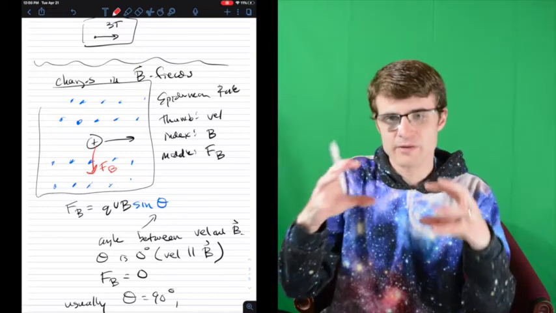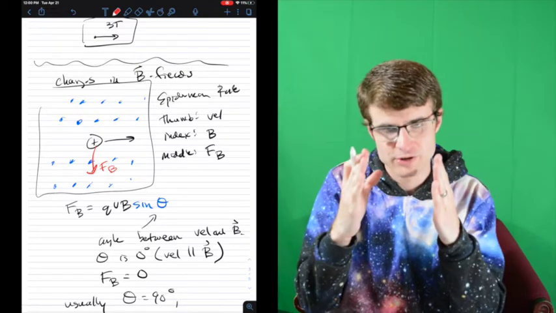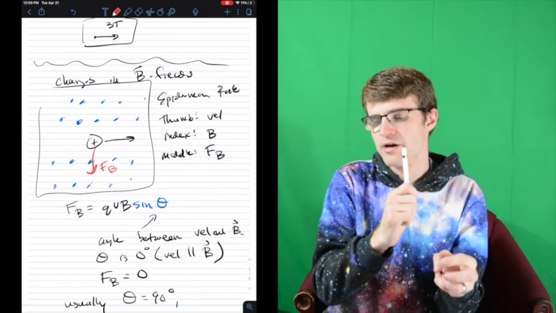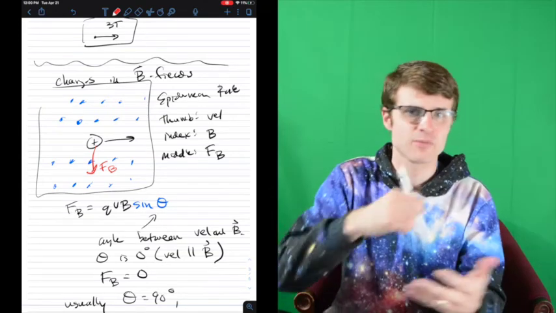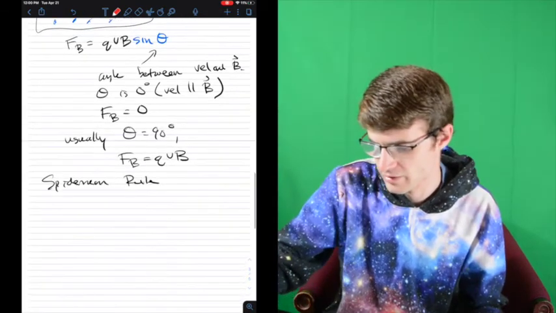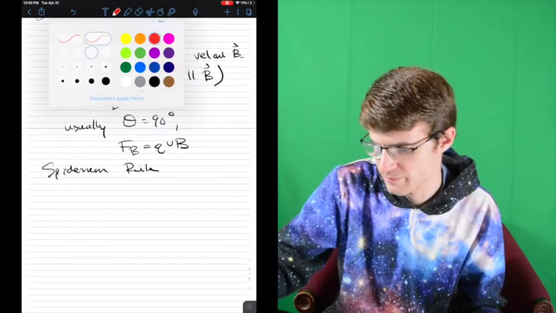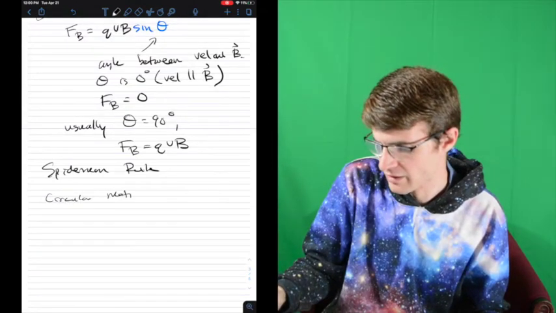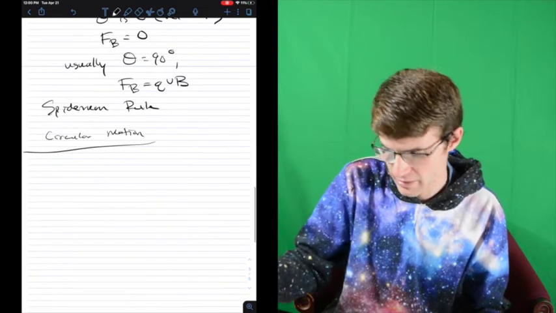Okay, so you'll remember that if a charged particle enters a magnetic field perpendicular to it, and it's a uniform magnetic field, then that charged particle is going to execute circular motion. So I'm just going to cover some of the basics of the circular motion in a magnetic field. And it's not too bad.